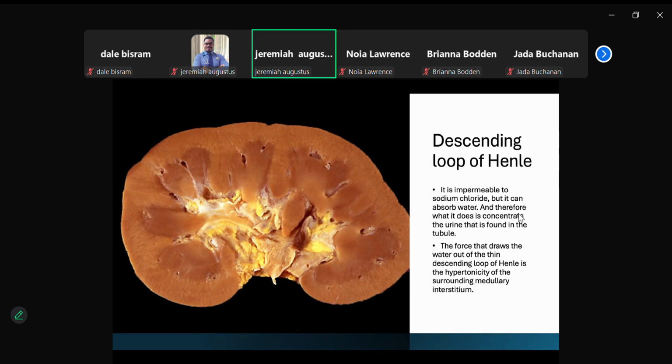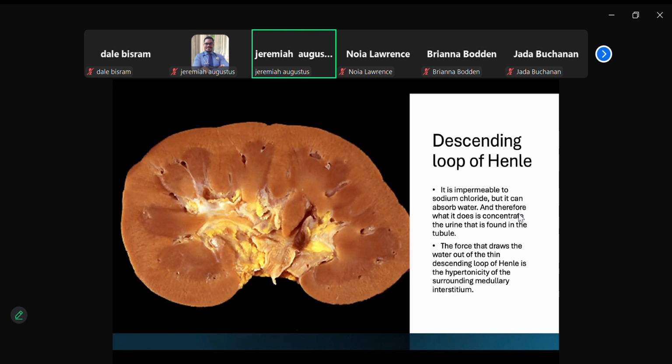What does that low sodium do? Right. Maybe have a high gradient. So it's the sodium.